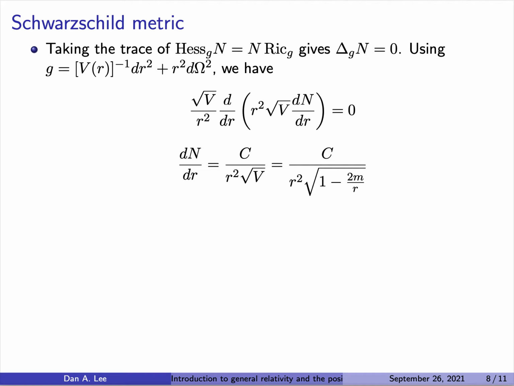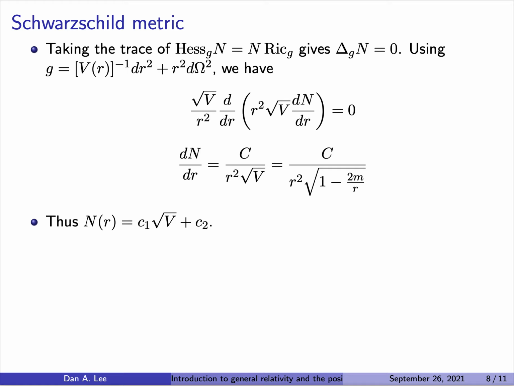Okay, so we kind of lucked out here. So dn/dr, we definitely know how to integrate that because derivative of 1 over r is minus 1 over r squared. So integrating that, you see that it's just going to be a constant times square root of 1 minus 2m over r. Okay, well, plus a constant.